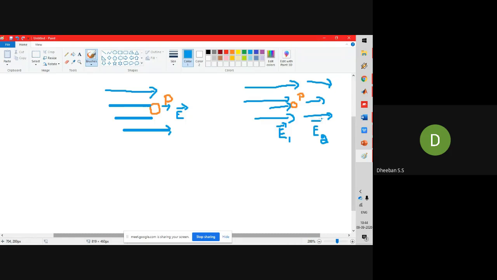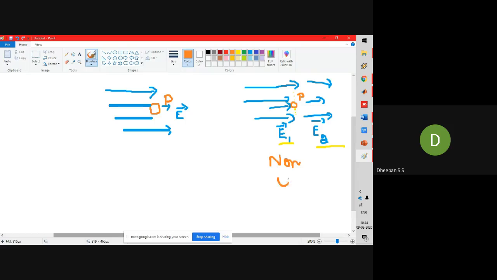So what happens is that one half of the point charge will be experiencing the electric field E1. The other half of the point charge will be experiencing E2. So this corresponds to your non-uniform electric field.